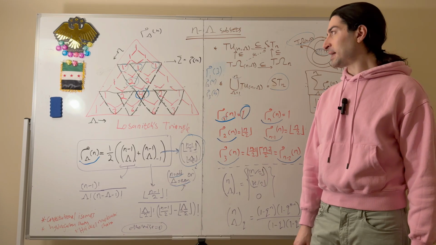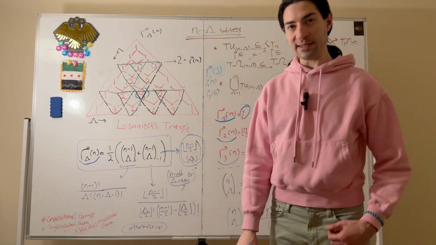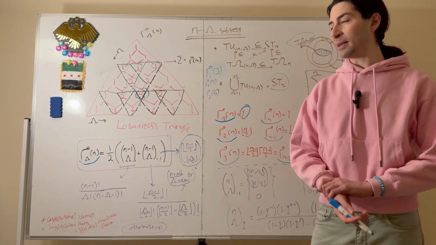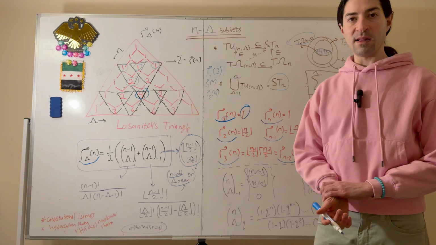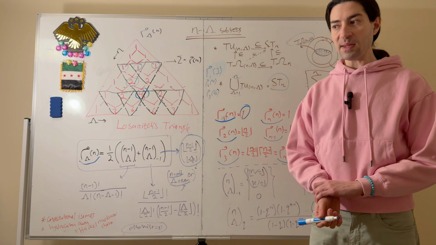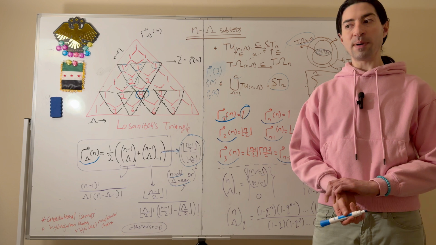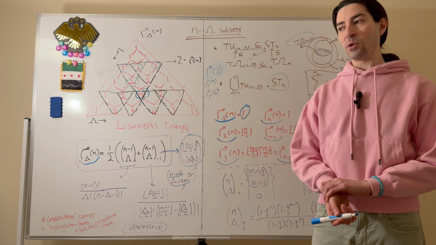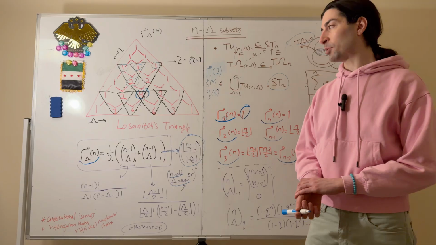What else can we say about this? There are several properties that emerge from this triangle just by looking at it. There's a paper published by Sigel, which is very interesting about the Losanitch triangle and all its properties.